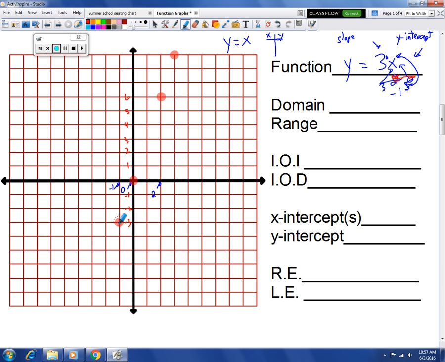Let me give you an alternate method of doing this, which I really hope you'll learn to do. Let me start over here. Y equals 3x. Since there's no number behind the x, the y-intercept is 0.